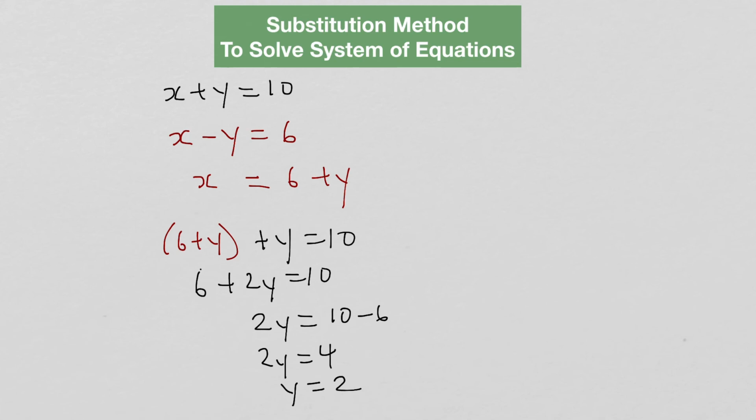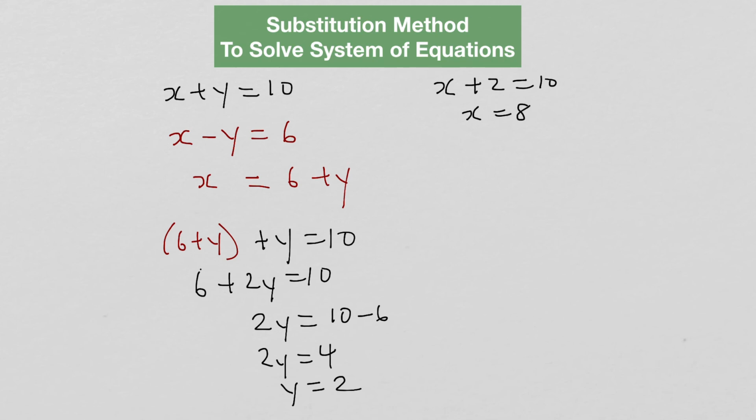Okay? Now that we know y, we can put the value of 2 into either one of those equations and solve for x. Okay? So let's say we're going to put this y, this 2, into this equation. Okay, so now we're going to get x plus 2 is equal to 10. And moving 2 to the other side, by subtracting 2 on both sides, we get x is equal to 8.